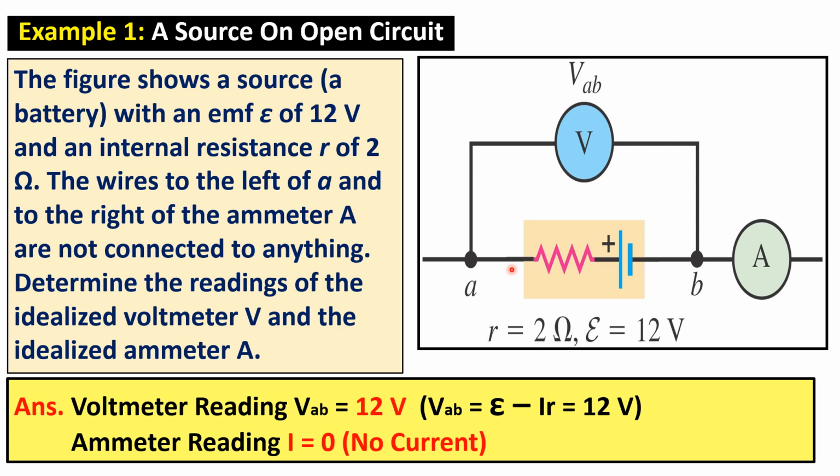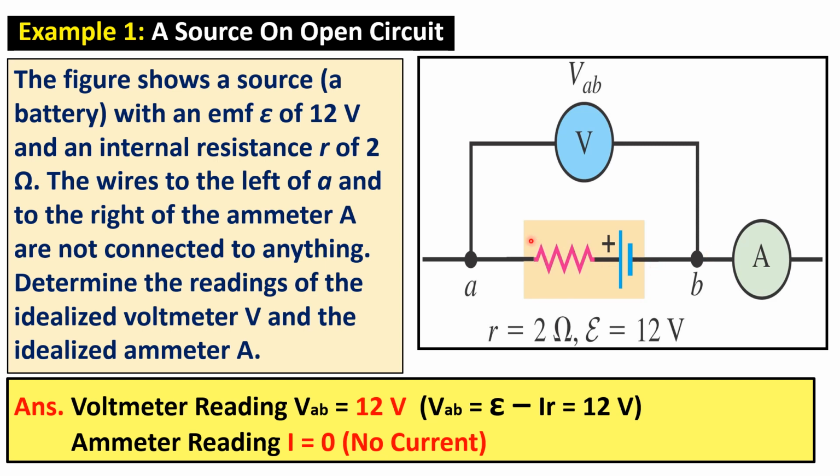It is because both wires to the left of point A and to the right of the ammeter are not connected to any load. Therefore there is no current passing through the ammeter, so it's not reading anything at all.